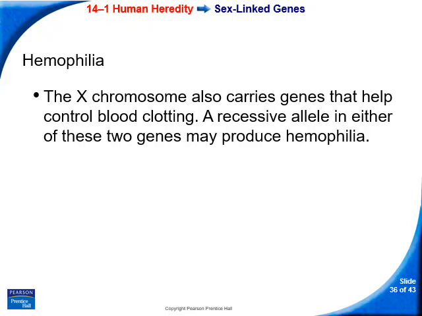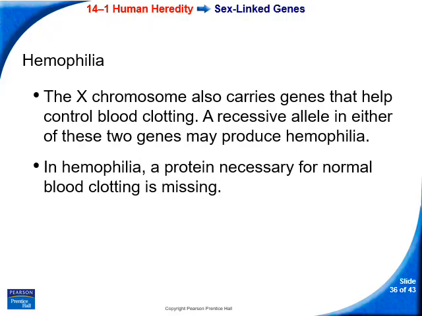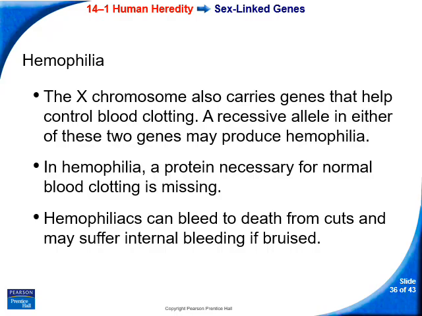It is a recessive allele, and in either of the two genes that you have, it may produce hemophilia. The protein that is necessary for blood clotting, factor 8, is missing in hemophilia. Hemophiliacs can bleed to death from cuts and may suffer internal bleeding if they are bruised.